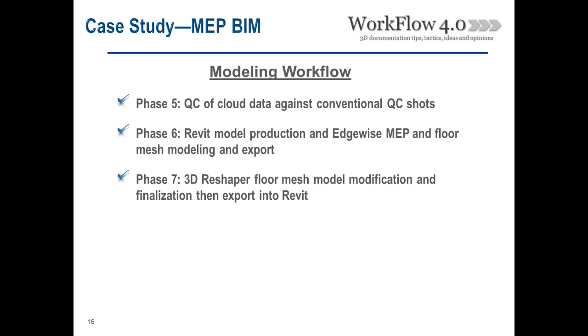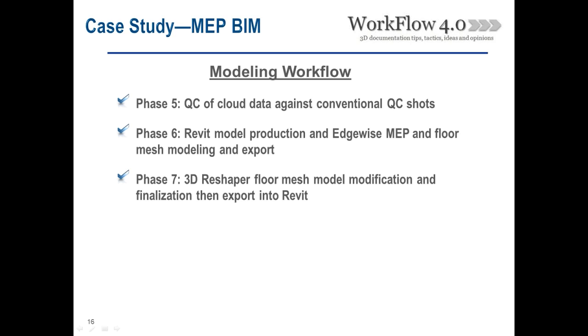Phase 6 then will be the Revit model production using HYs, MEP, and actually used two aspects of that modeling software for this. One was for the pipe abstraction itself, and then the other was for meshing the floors. They were irregular floors for local drainage in there, so we used that to get the mesh data for entering into Revit for the floor types.